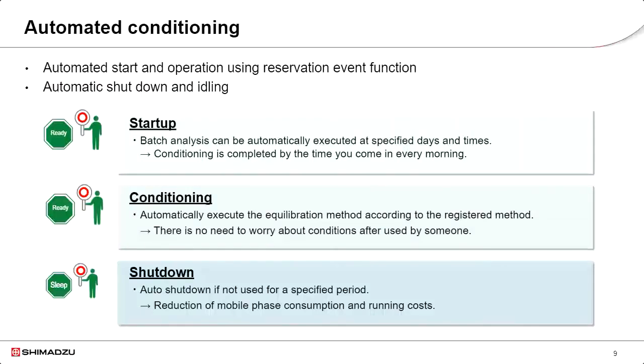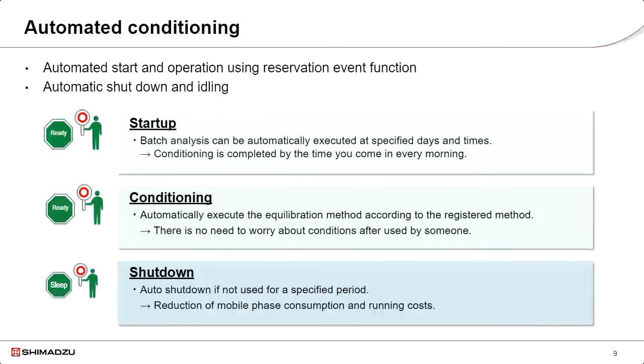The main scenarios for utilization include the 3 types, also known as startup, conditioning, and shutdown. With startup, users can designate specific days and times to automatically execute batch analyses. By scheduling the startup for early mornings on weekdays, the system can complete conditioning of the equipment by the time operators arrive for work, allowing them to begin analysis immediately.